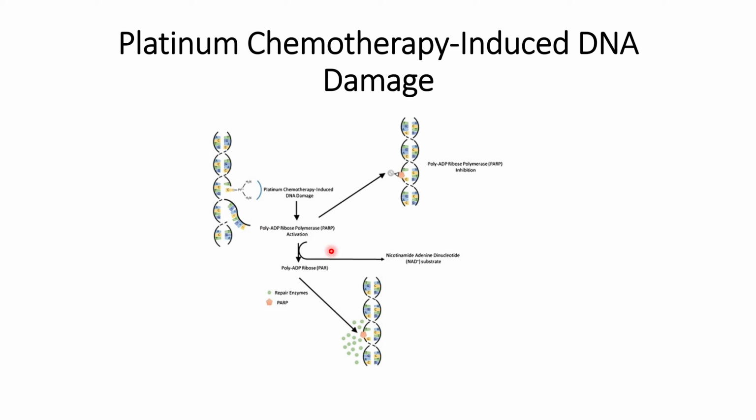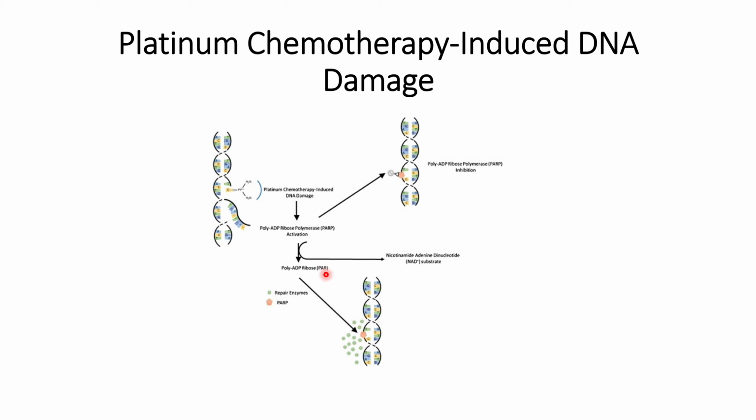And all this process is known as PARP activation, that is poly-ADP ribose polymerase activation. So when this platinum is bound to the DNA damage part, the recruitment of NAD substrate will lead to a long chain of poly ADP ribose.